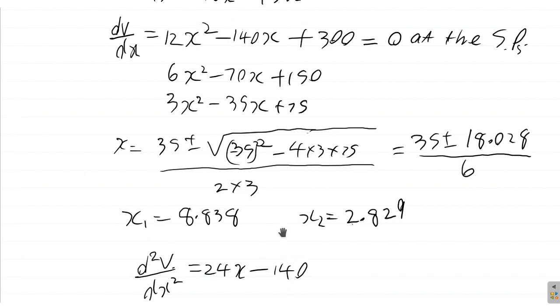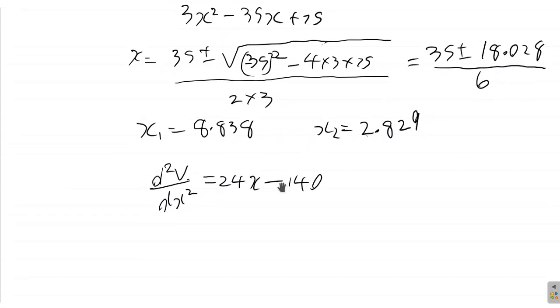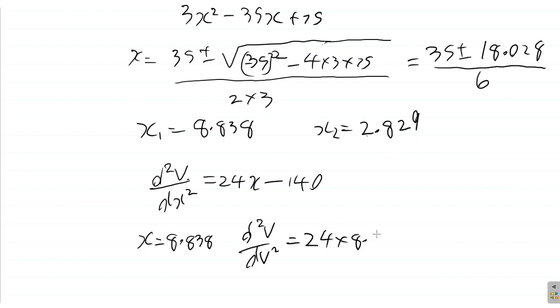So, let us see. Remember now, when we substitute, we expect one value to be positive and one negative, and then we talk some more about it. Now, when x equals 8.838, d²V/dx² is equal to 24 times 8.838 minus 140, and we find out what it is.